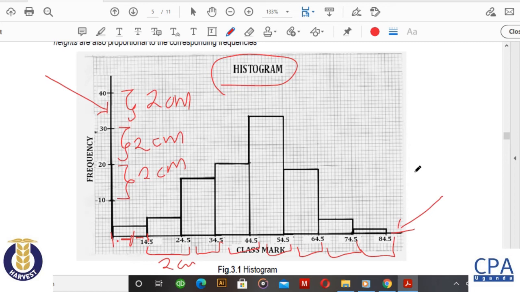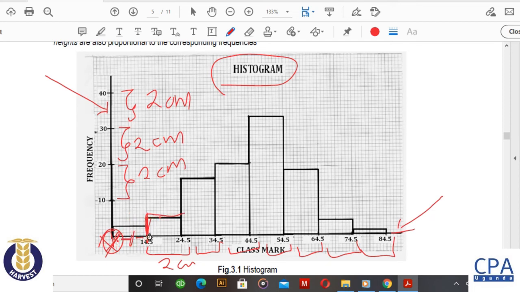The other feature is that the histogram may not necessarily begin from the origin. It may even start from here. So if it starts away from the origin, then you need to indicate that you are starting from there.